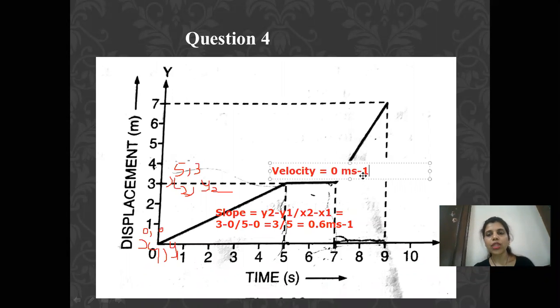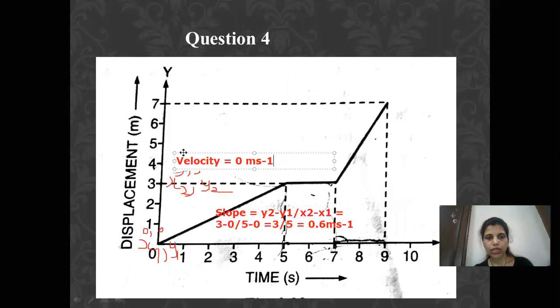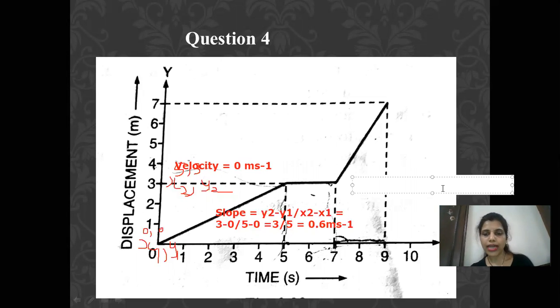Just write it over here. Now afterwards they have said 7 to 9, means over here. I'll just shift this so that you will know that now we have to find for this. Here we'll be writing the values for x1 and y1, because from here it is starting.